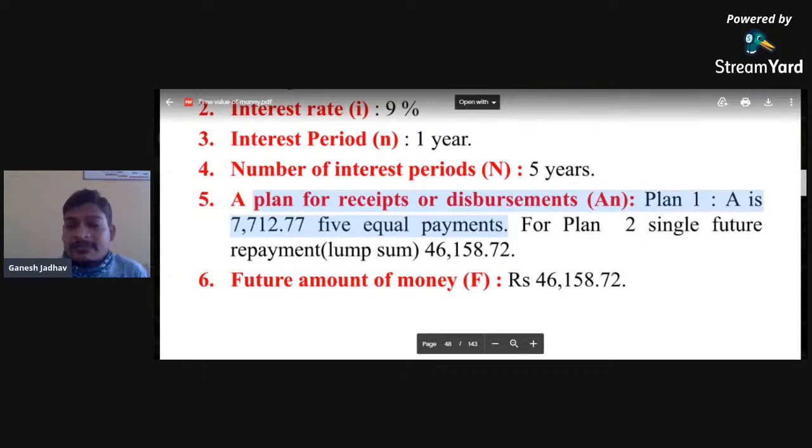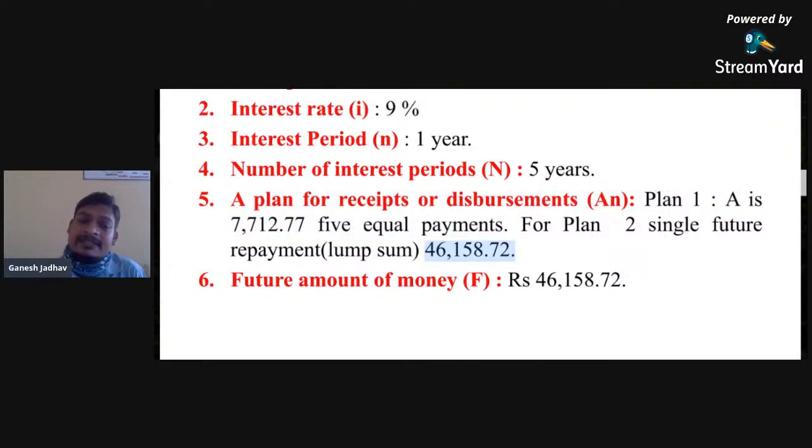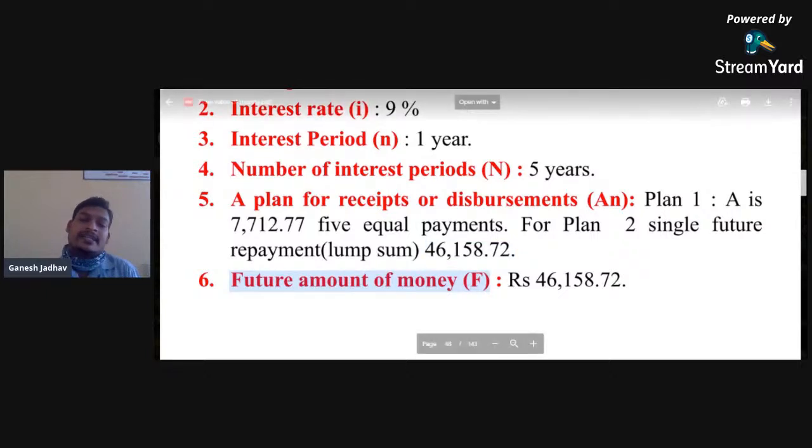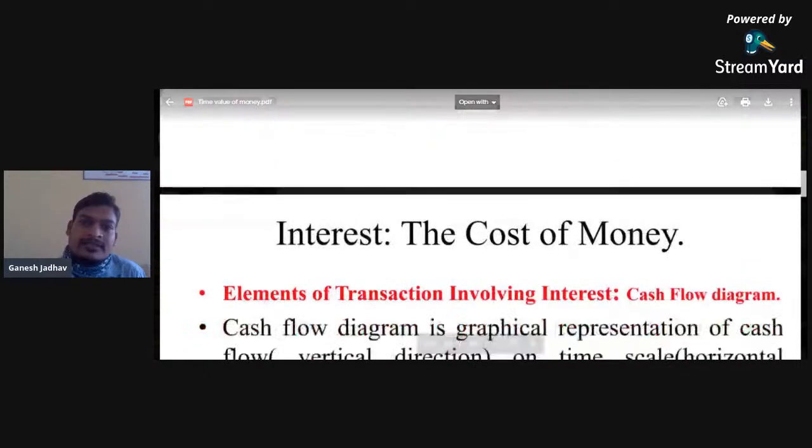And the second plan is a single future repayment, that is the lump sum, 46,158.72. So this is the final amount, the future amount of the money, 46,158.72. Okay, so this is the example as per the plan.